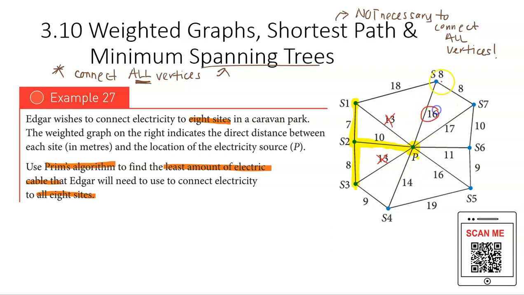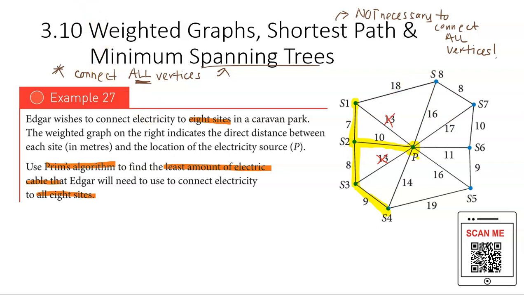I have 16 connect to S8, 18 connect to S8, 17 connect to S7, 11 connect to S6, and 16 connect to S5. P connect to S4 is 14, and 9 connect to S4. So which one is the lowest value? 9 over here. So draw a line, then you erase the other again.